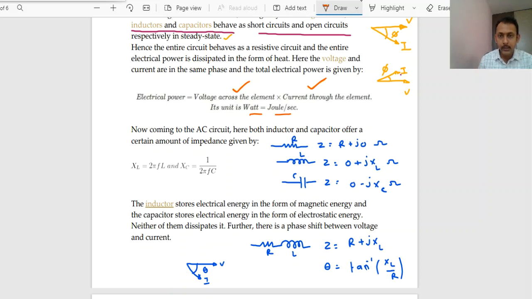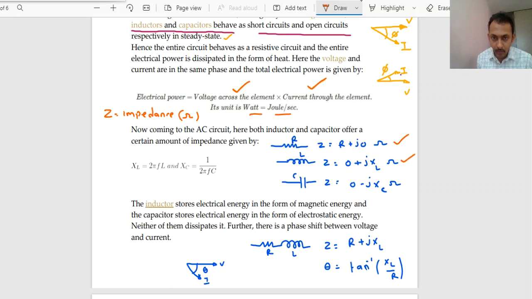Now dear students, Z here indicates the impedance of the element, which is expressed in ohms. If it is purely a resistor, Z equals R plus J 0 ohms, as there is no reactive component. If it is a pure inductor, Z equals 0 plus J XL ohms.